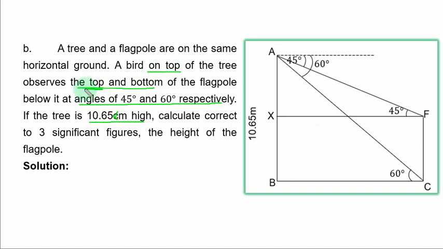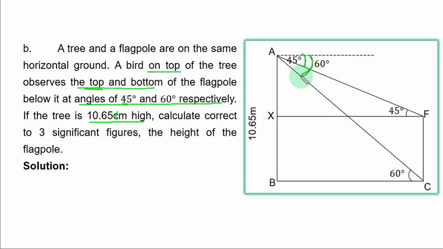So the top of the flagpole corresponds to the first angle, 45 degrees. The angle from the eye level of the bird to the top is 45, and from the eye level to the base or bottom is 60 degrees.